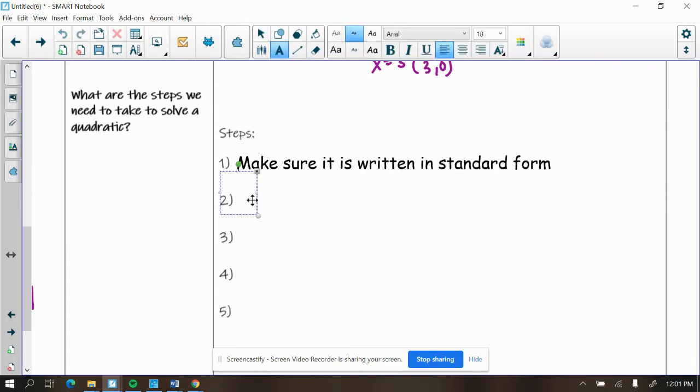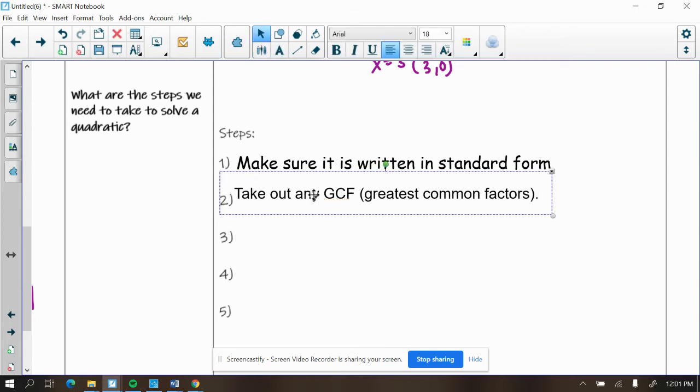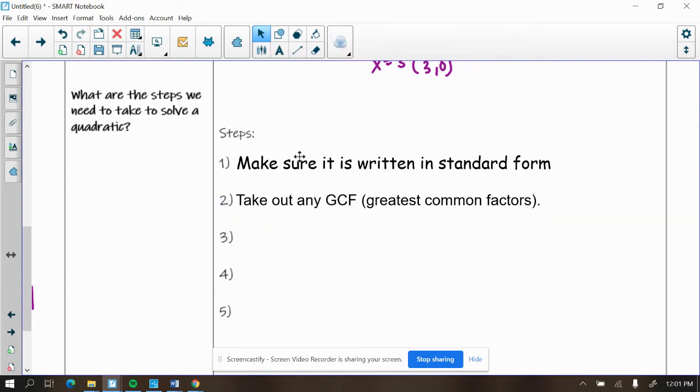The next step, number 2, is to take out any GCFs, any greatest common factors. When we're factoring, we always want to make sure that we are doing that in case there are any GCFs.